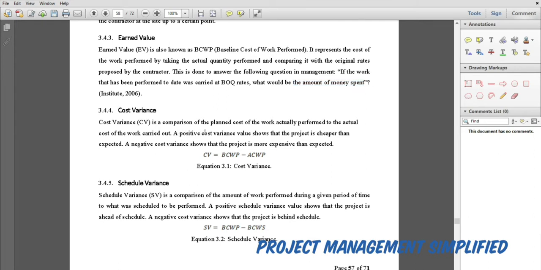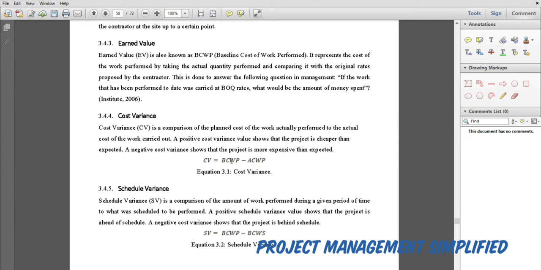A positive cost variance shows that the project is cheaper than expected, and a negative cost variance shows that the project is more expensive than expected. The formula says cost variance is baseline cost of work performed, which is the earned value, EV, minus actual cost, AC.